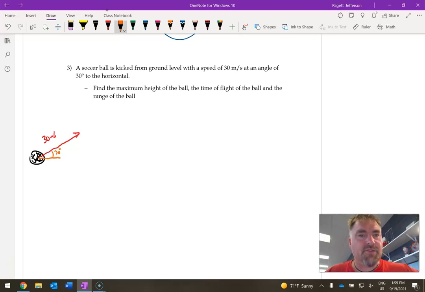And so when this happens, this thing is going to go boom, like that, up and back down again. Parabolic motion. Okay, so if we know it's parabolic motion, we've got to do our chart.